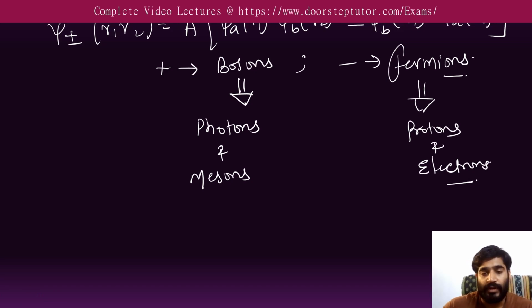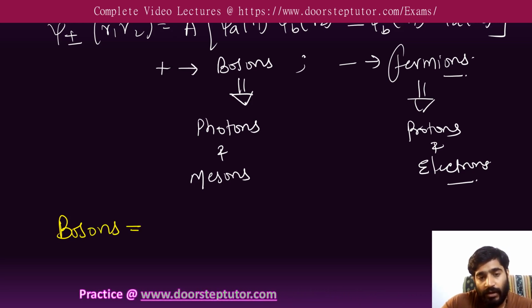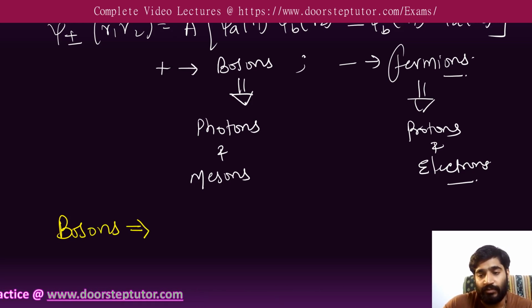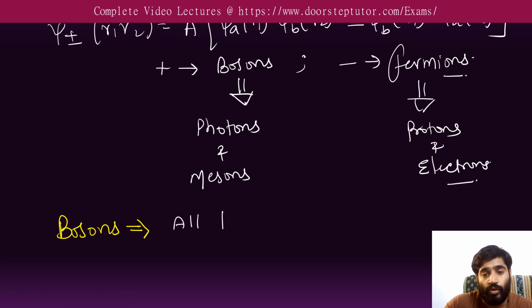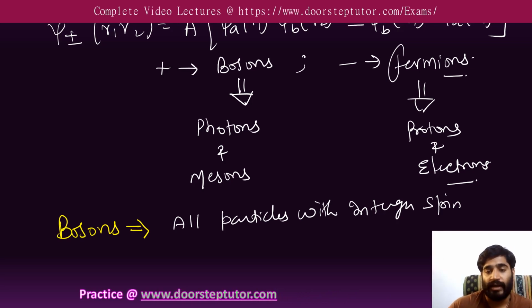To define it in a better way, boson is something where all particles have integer spin. Integer spin means it is either +1, -1, +2, -3, some kind of integer.